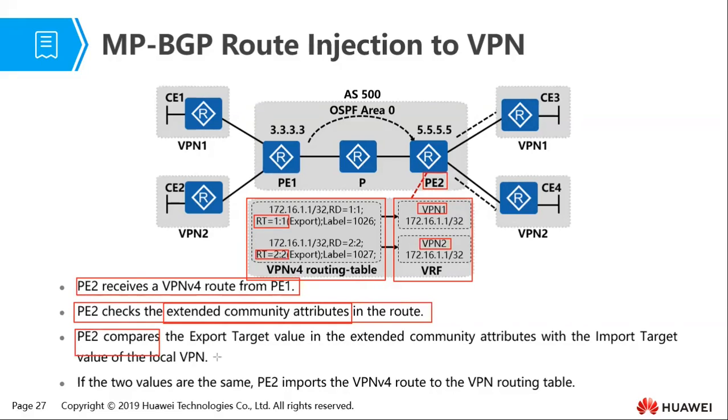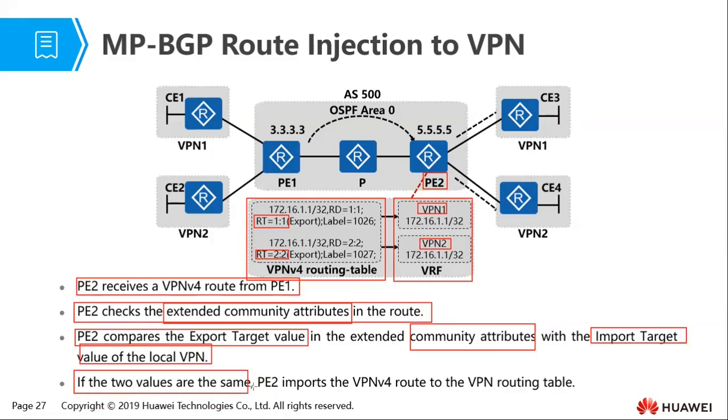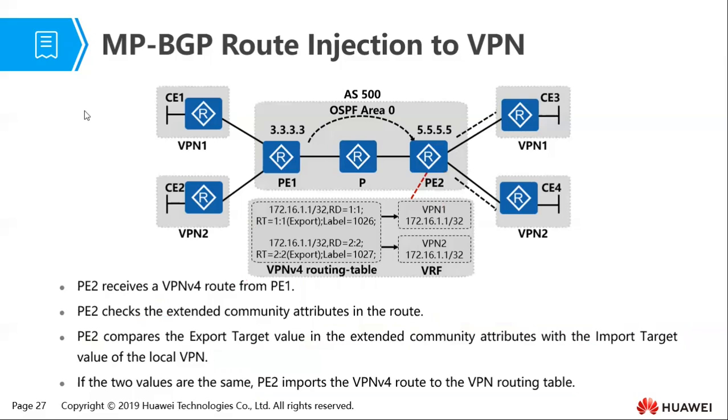Then PE2 compares the export target value in the extended community attributes with the import target value of the local VPN. So if the two values are the same, then PE2 will import the VPN v4 route to the corresponding VPN routing table. So that is how that happens.